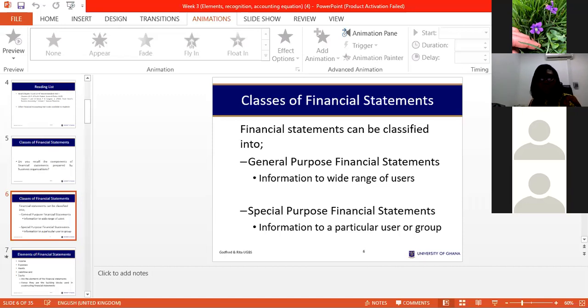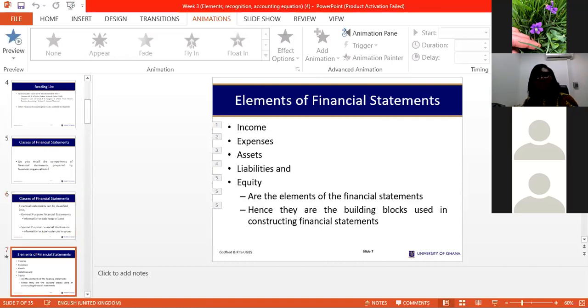And that is what we prepare. That doesn't mean that we cannot request for special financial statement. If a user or some particular group of users want some financials purposely to meet their decisions, they can also request, although it is much more costly if we have to do based on users' peculiar needs.